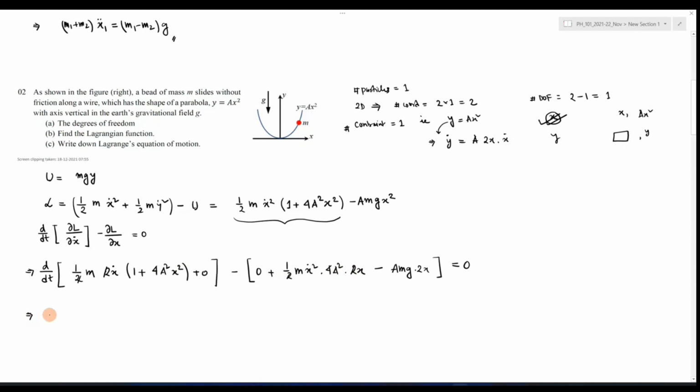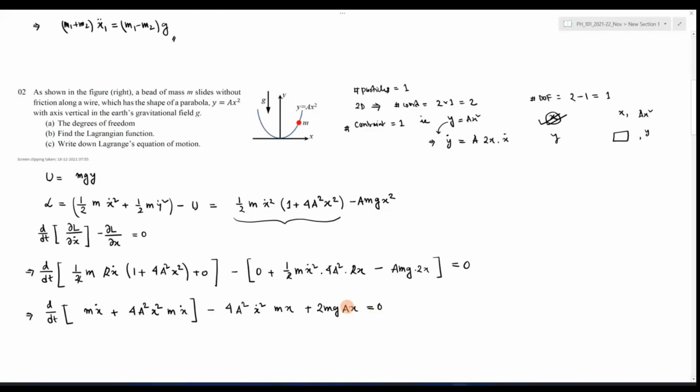So if you now simplify it, let me simplify it. d/dt of m x dot plus 4a square x square m x dot, minus 4a square x dot square m x, minus, so this will be plus 2 m g a x.